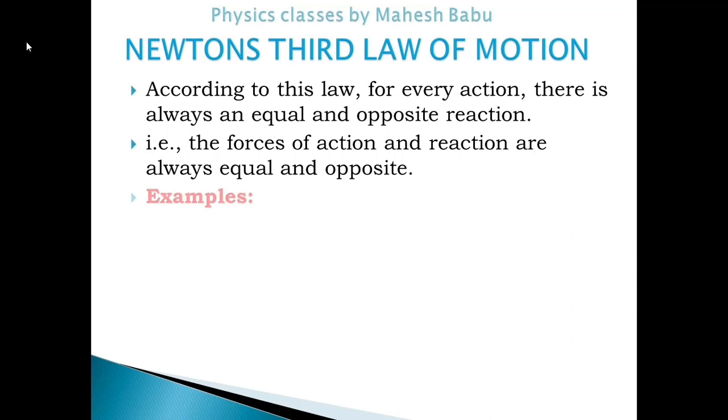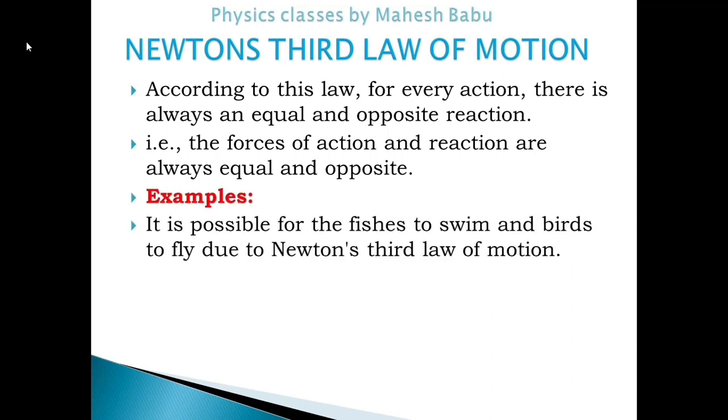Now examples: fishes swim, birds fly. That is based on Newton's third law of motion. In the motion of a rocket launching, we know a large amount of gases are released downward. Those gases hit the ground, then the ground pushes it upward, so the rocket goes in the upward direction.